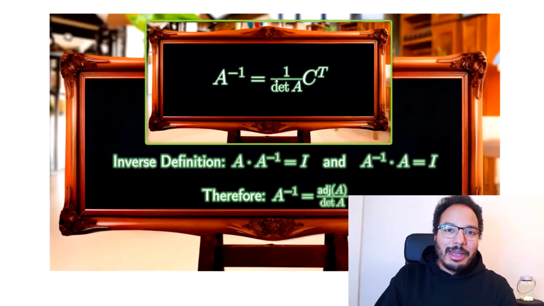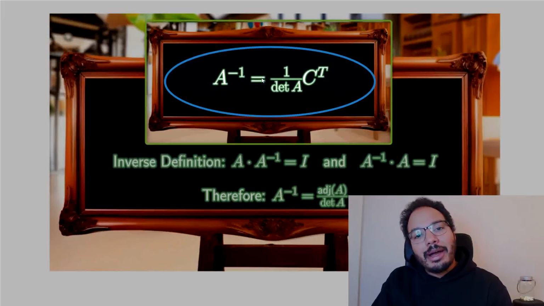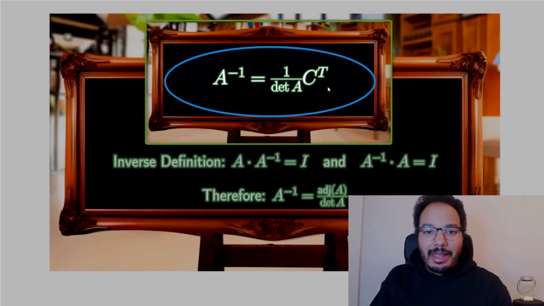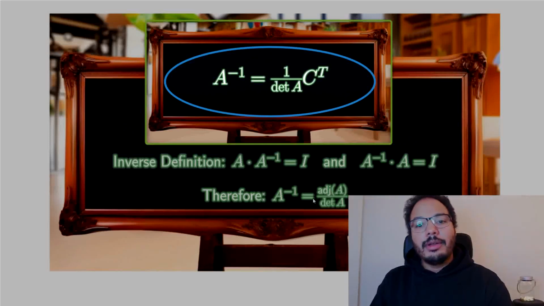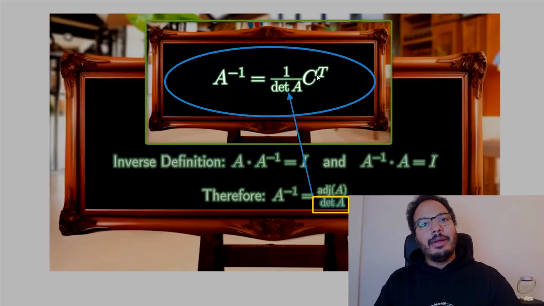And we can now move back to the original formula. A inverse equals 1 divided by the determinant of A times the cofactor matrix transpose, which is the adjugate of A as we've learned. And we just move the divided by determinant of A part over here separately. So we have 1 divided by the determinant of A times the adjugate of A. Cool.